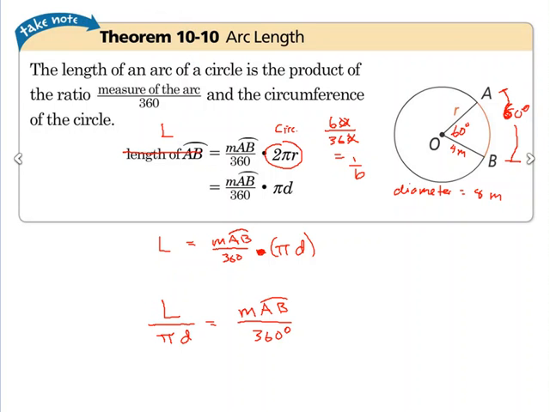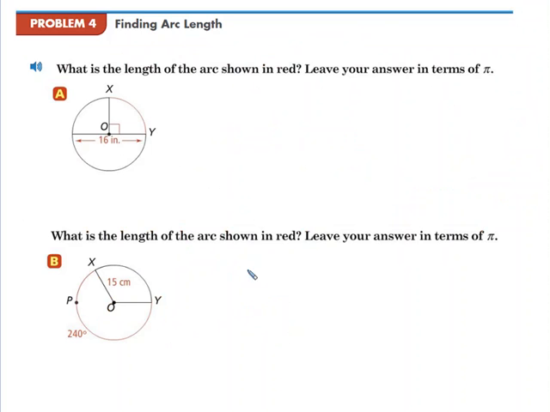Let's skip ahead now and look at the first example problem. Problem 4A shows a circle where the diameter is 16 inches, and it wants to know the length of the arc shown in red. It's this arc right here.